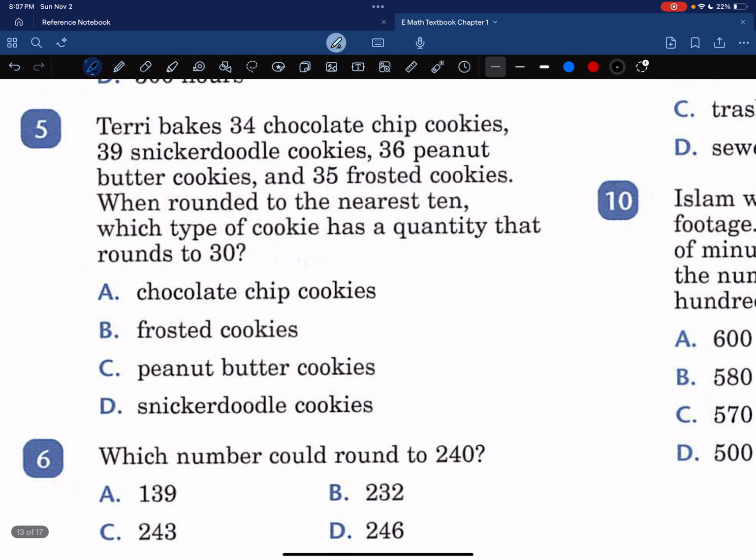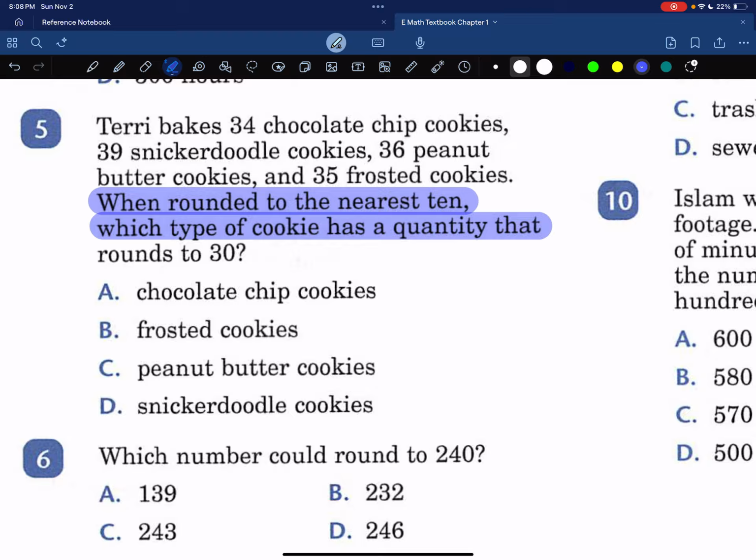Terry bakes 34 chocolate chip cookies, 39 snickerdoodle cookies, 36 peanut butter cookies, and 35 frosted cookies. When rounded to the nearest 10, which type of cookie has a quantity that rounds to 30?